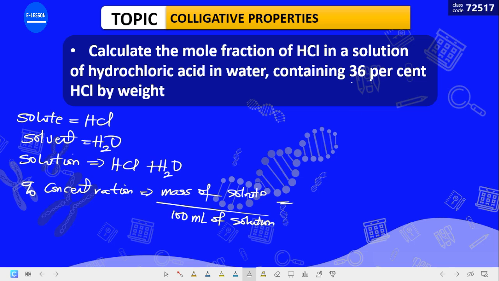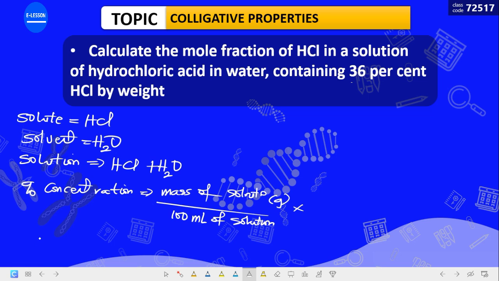Now when they give you 36, the mass of solute in gram, let's take note, which is times what? 100%. So when they give you your percentage composition, they say 36%. It means that the mass of solute is what? 36.